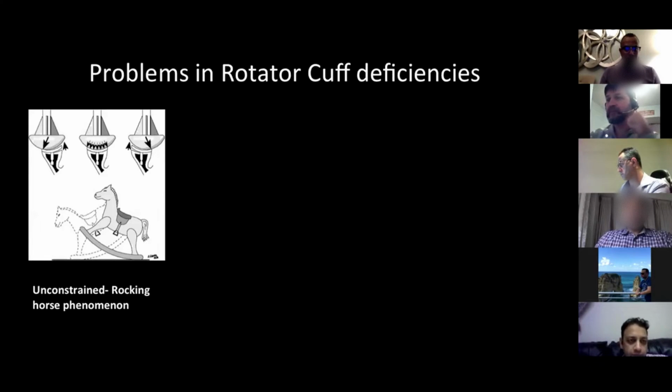The lack of cuff to constrain the prosthetic humeral head causes superior migration during the initiation of abduction, resulting in excessive shear forces, causing superior eccentric loading of the glenoid component, also referred to as the rocking horse phenomenon. This will ultimately lead to prosthetic failure.